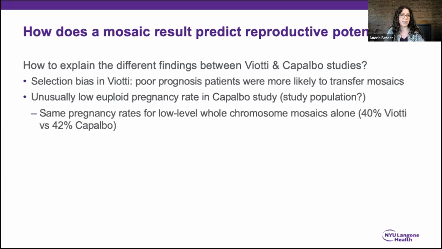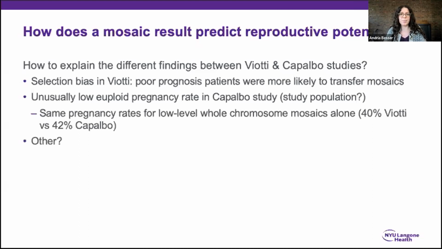It was 40% in the 1,000 mosaic embryo study and 42% in the non-selection study. So while the Viotti study did find a difference between euploids and mosaics, and the Capalbo study did not, the difference was actually in the pregnancy rates of the euploids. It was not in the mosaics.